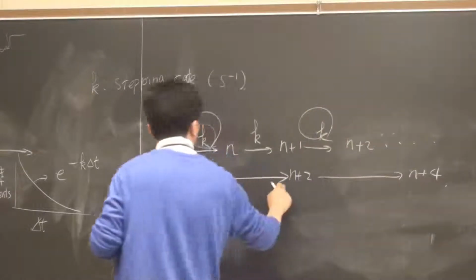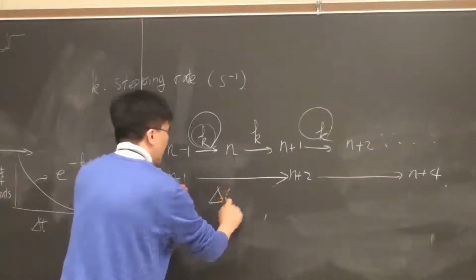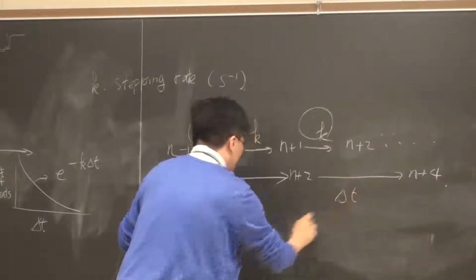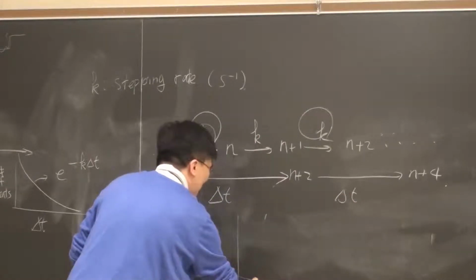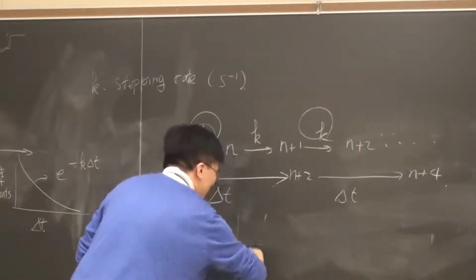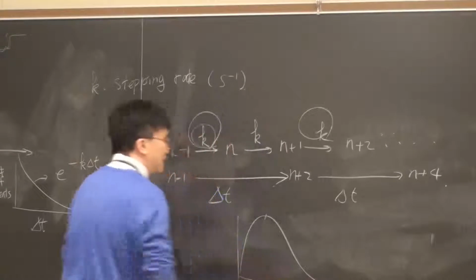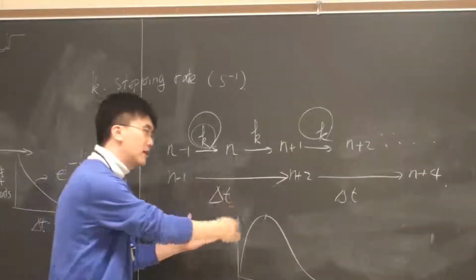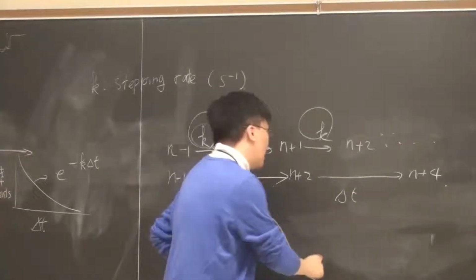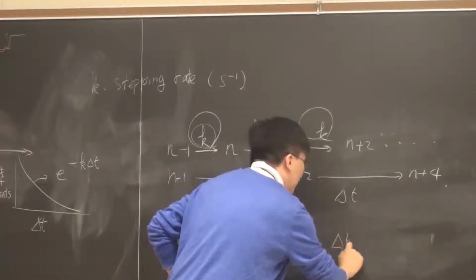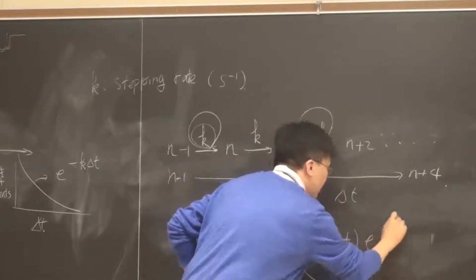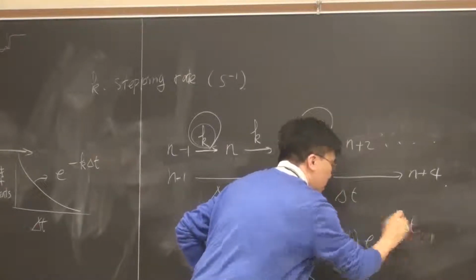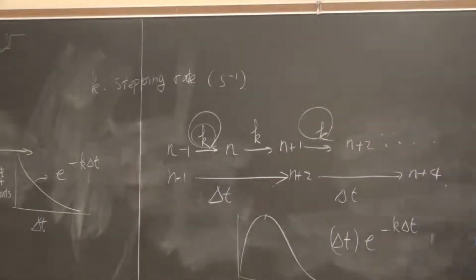and they plot the histogram of that dwell time. So in that case, your delta t histogram looks kind of like that. It's not exponential. It has a lag phase and a peak and then decay, and it follows a function that looks like this.